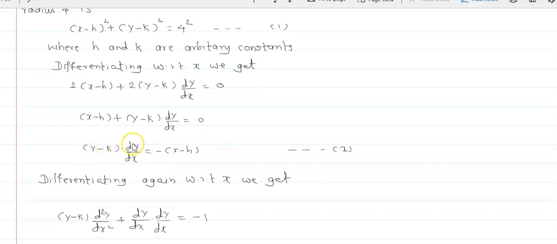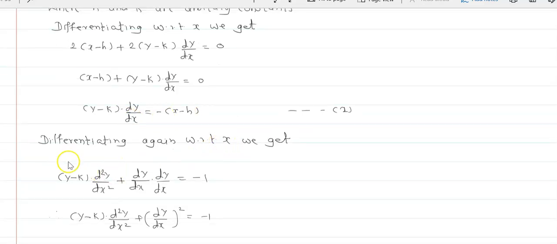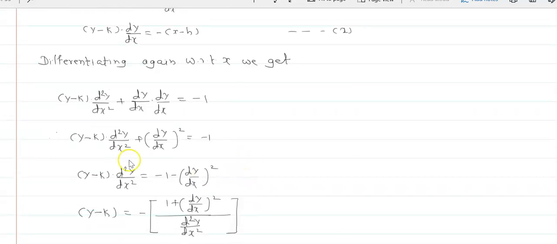That is, (y minus k) into dy by dx is equal to minus (x minus h). Again differentiating with respect to x: (y minus k) into d2y by dx square, product rule applied, plus dy by dx into dy by dx. Therefore, (y minus k) into d2y by dx square plus (dy by dx) whole square is equal to minus 1.